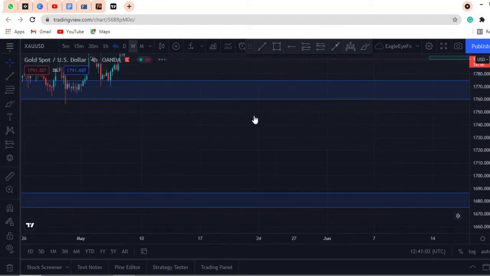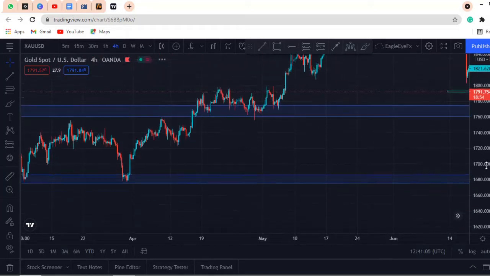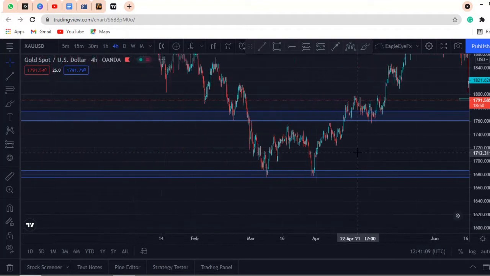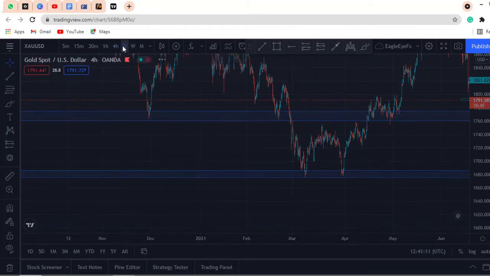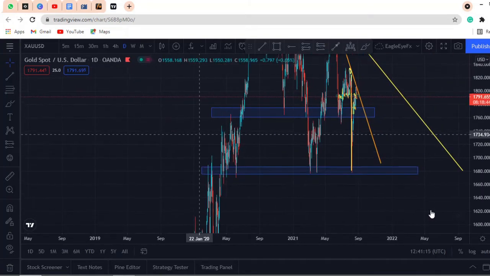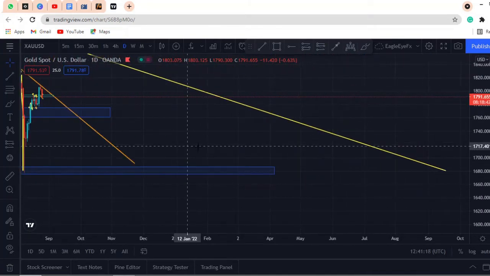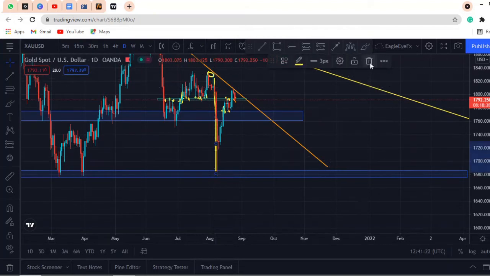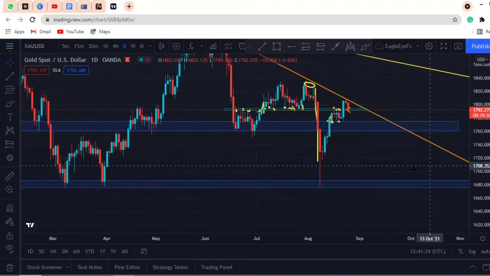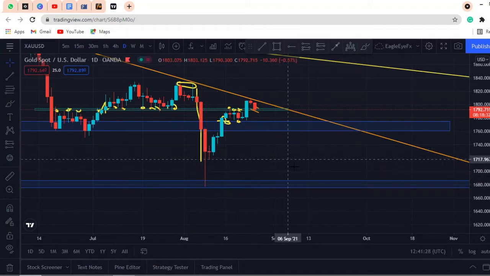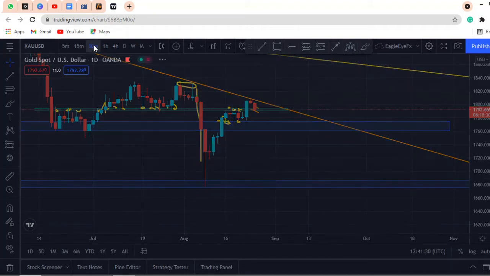If I go to the 4 hour time frame, for example, there's something I want to show you here. Maybe on a daily time frame, trying to remember. There's a point where gold moved with a very long wick. It's here. So you can see this very big wick here. All right, let's go back to the 30 minutes.